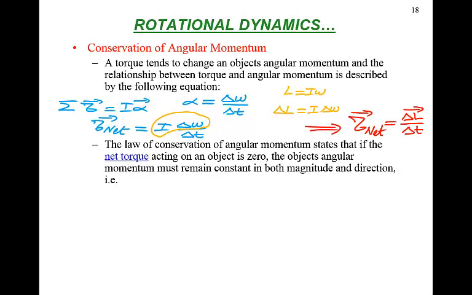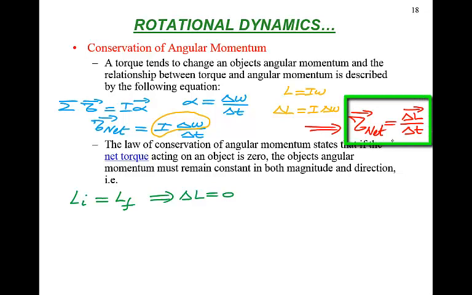It means that the angular momentum initial has to equal the angular momentum final. That means the delta L has to be 0. I would like you now to focus on the following expression right here. If the delta L is going to be 0, the condition is the net torque has to be 0.